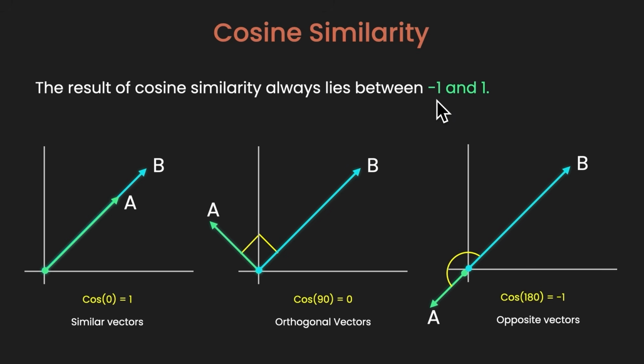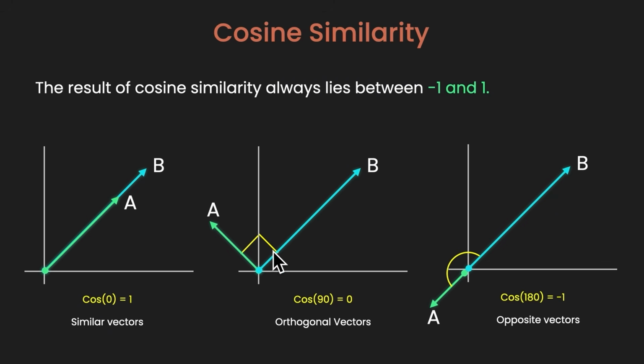So that's why we always get this cosine similarity range between -1 and 1. Now when the cosine similarity is 1, that means the angle between two vectors is actually 0. And in simple terms, it means that both these vectors A and B are pointing in the same direction. Whenever you get a cosine similarity equal to 1, it means that two vectors are similar.